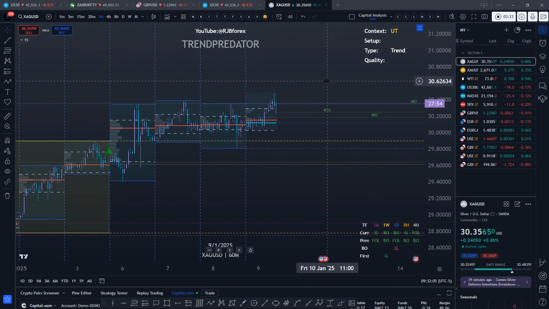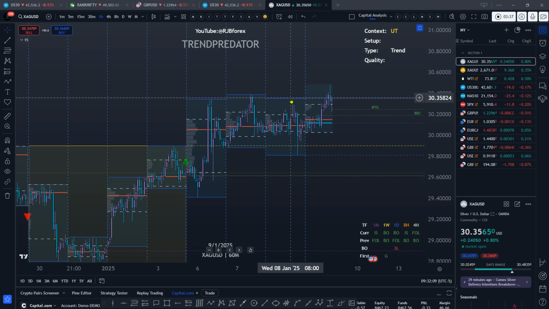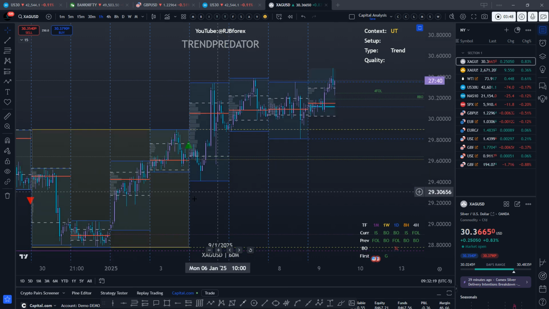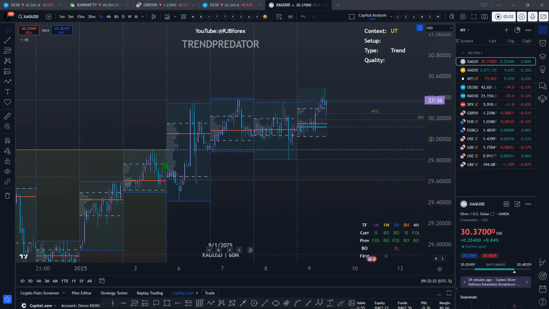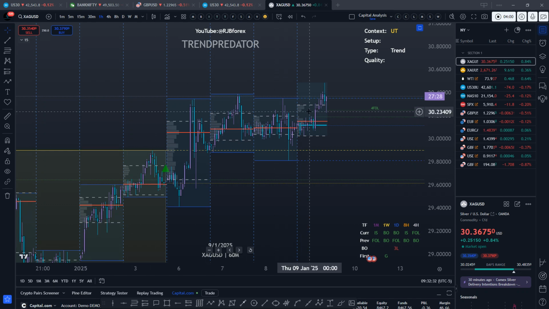Now that Wall Street is open, we are pumping back above yesterday's highs. So in fact, everything I was about to say, that we are a reversal into the uptrend, but now that Wall Street's opened, as you can see, the indicator is giving us a context of an uptrend because everything is bullish in line with the uptrend, right?